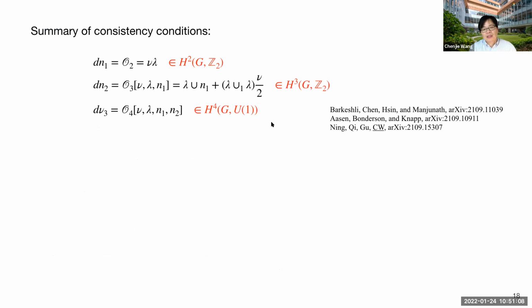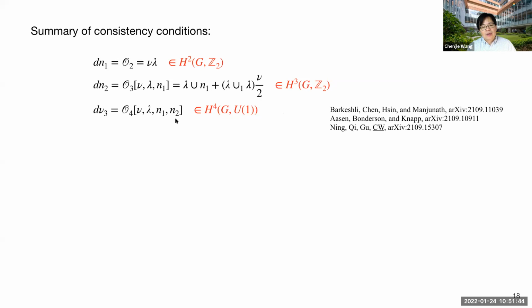It's more complicated, and in fact, there are some papers. Our paper came about 1 week later than these 2 papers. We were trying to study this in enforced symmetry breaking, so we hurried up and finished our paper within a week. But the first paper actually focused a lot on deriving the expression of this O4, a further consistency condition one needs to consider, other than the first 2.